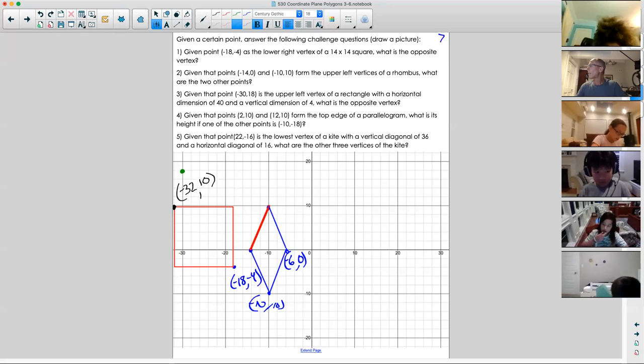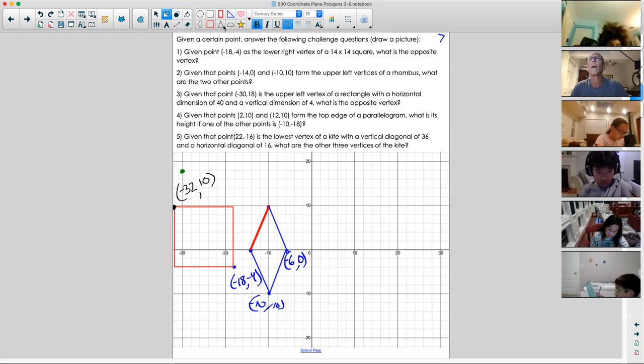And anyone who has the answer, you can text it, you can chat it to me. The horizontal dimension is 40 units and the vertical dimension is 4 units. But remember, that point is the upper left. And I'm looking for your chat, which will give that vertex.